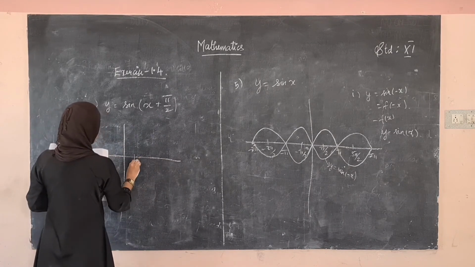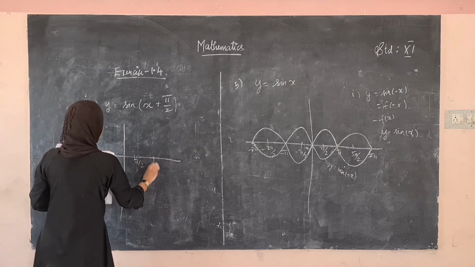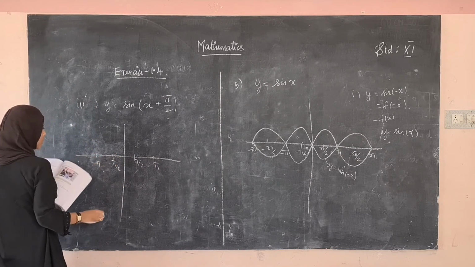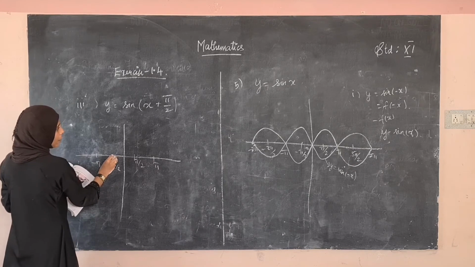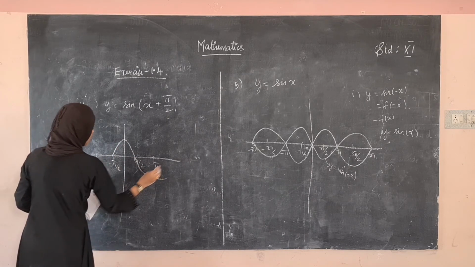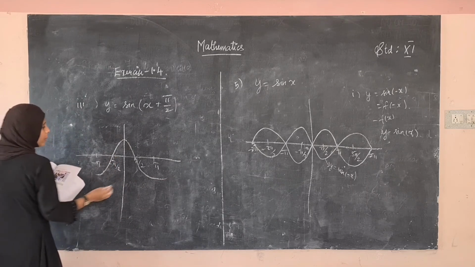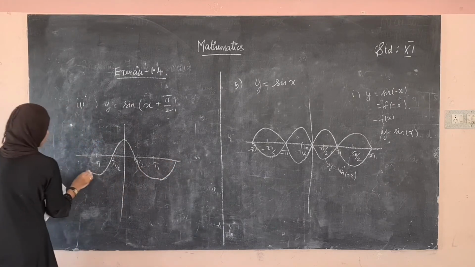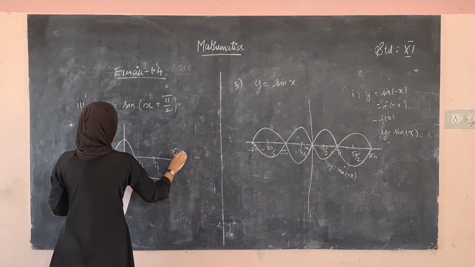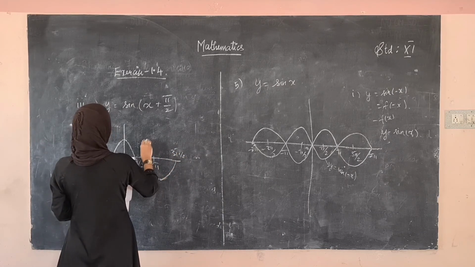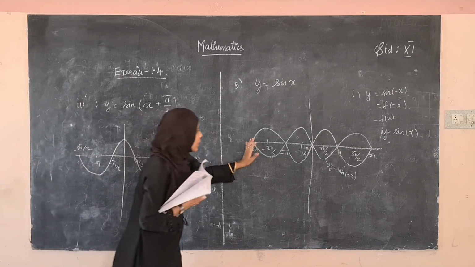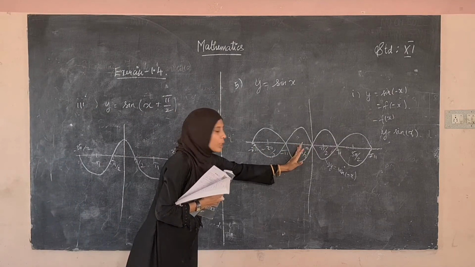Now pi by 2, pi, minus pi by 2 and minus pi. So to the left means the graph will be like this, minus 3 pi by 2 and 3 pi by 2. The graph will be like this, that is y is equal to sine of (x plus pi by 2). This graph is shifted to the left.